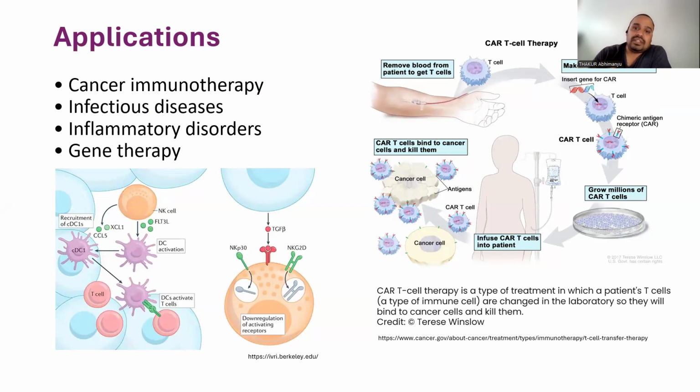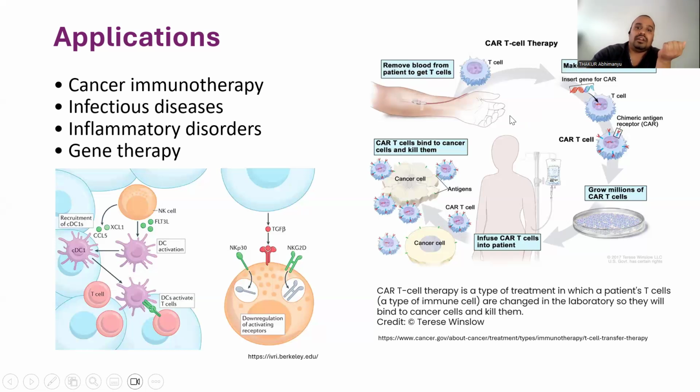In the context of application, one of the famous examples is CAR T therapy, and that represents a personalized medicine which harnesses the power of the adaptive immune system to target malignancy with unprecedented specificity. And this innovative approach involves the ex vivo genetic modification of the autologous T lymphocytes to express chimeric antigen receptors, which is an engineered fusion protein combining the antigen recognition domain with the T cell activation motif.